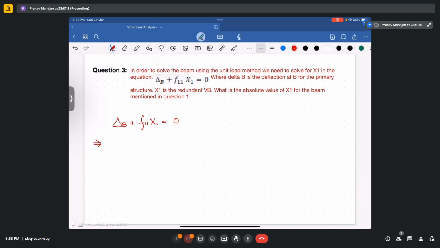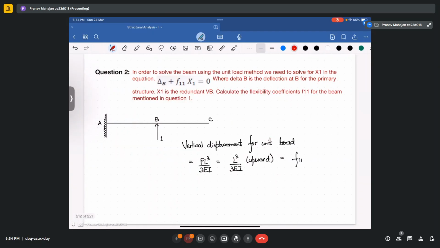So you have delta B equal to ML square upon 8 EI, plus L cube upon 24 EI.